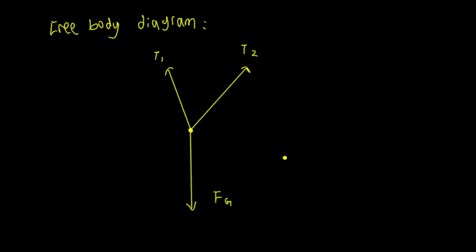That's all the forces there. So let's draw a Cartesian plane along this and take a look at it. Here, this will be the x-axis, and this will be the y-axis.